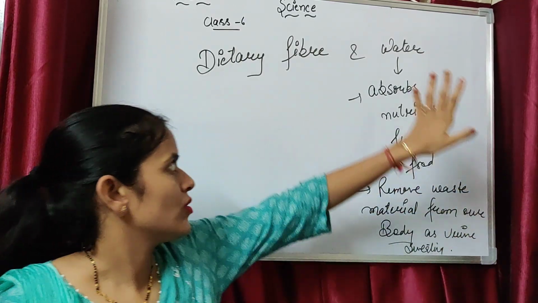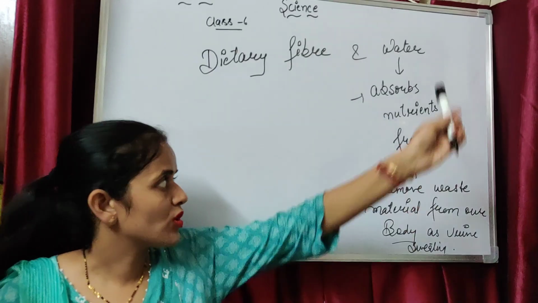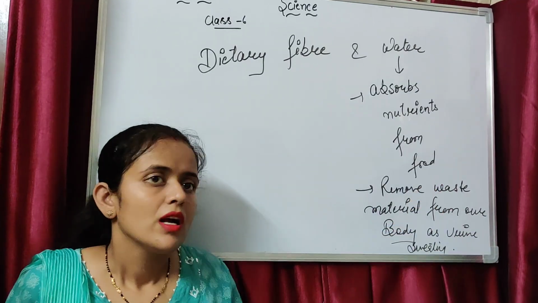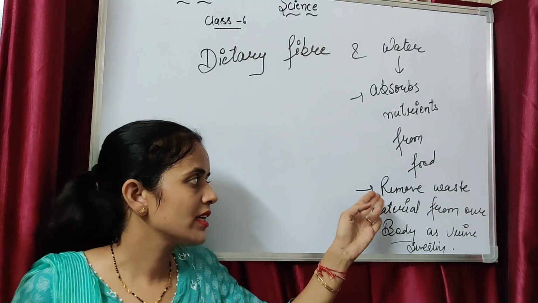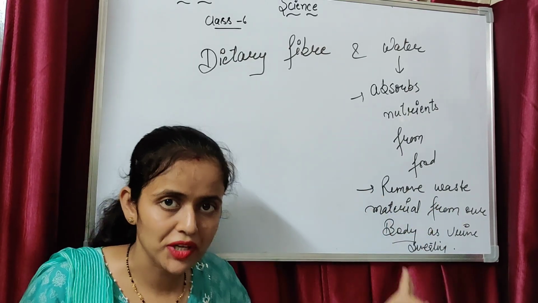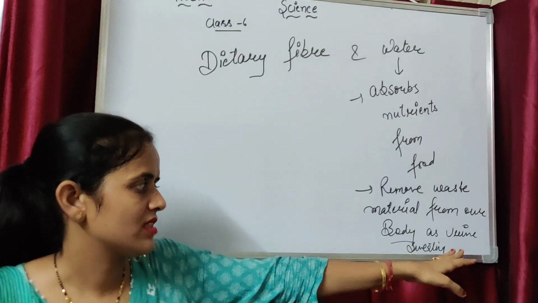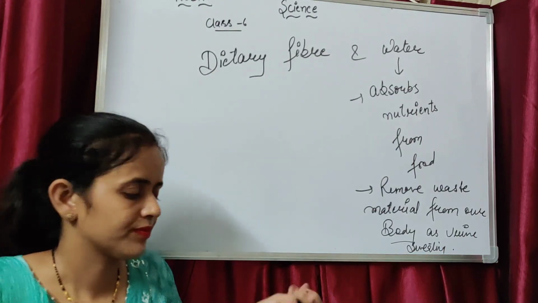Okay, so the functions of water: it absorbs nutrients from food, and the second main function is to remove waste material from our body in the form of urine or sweating.